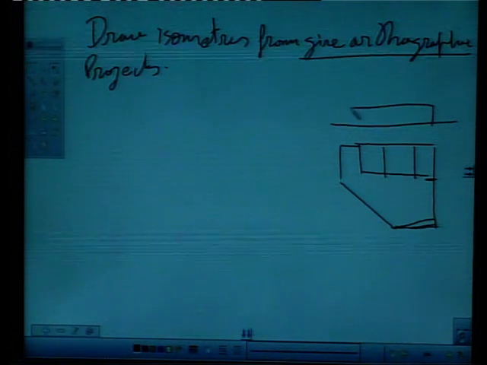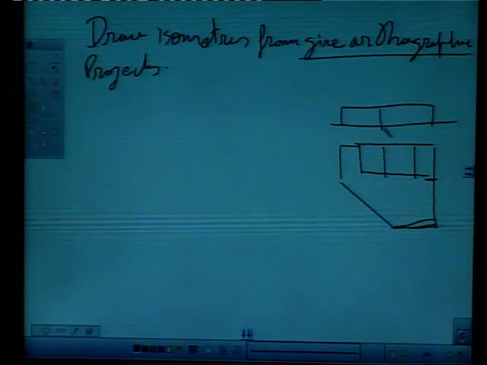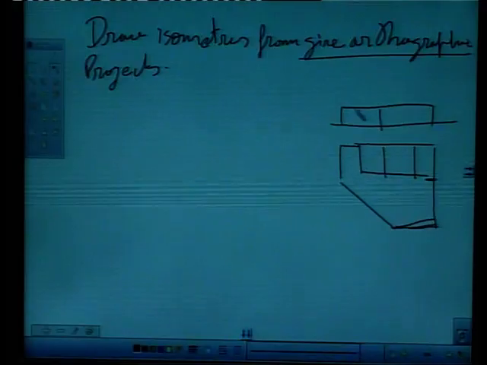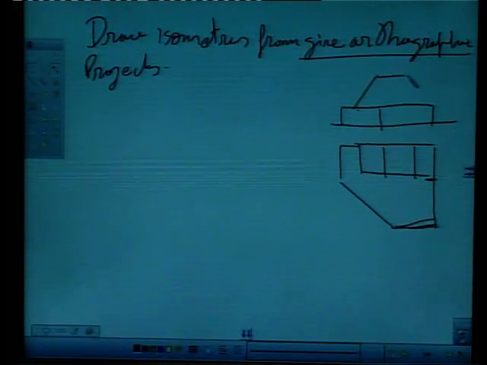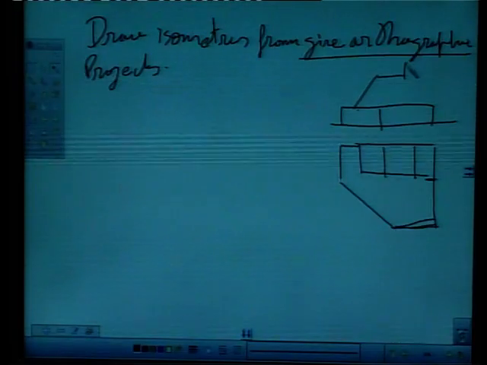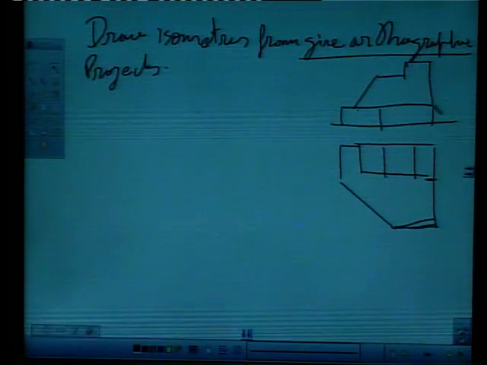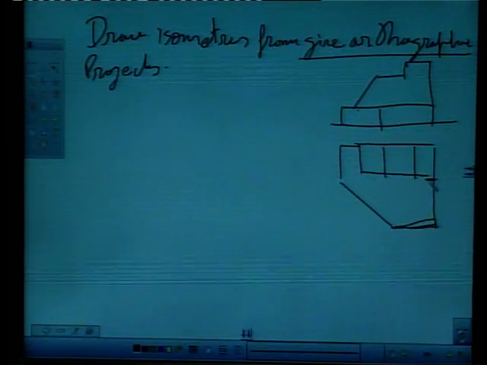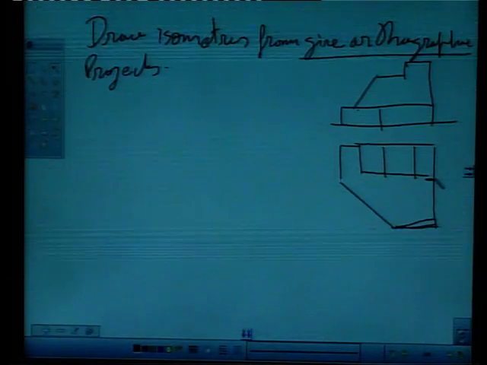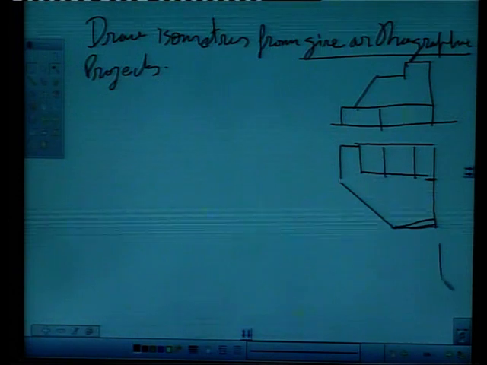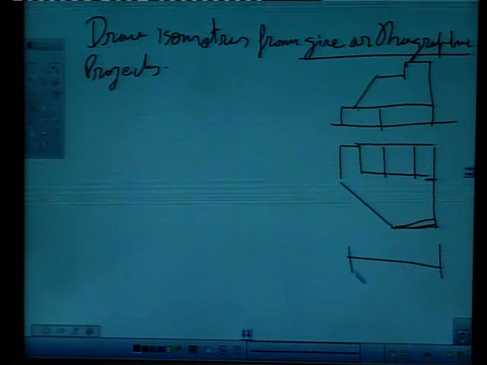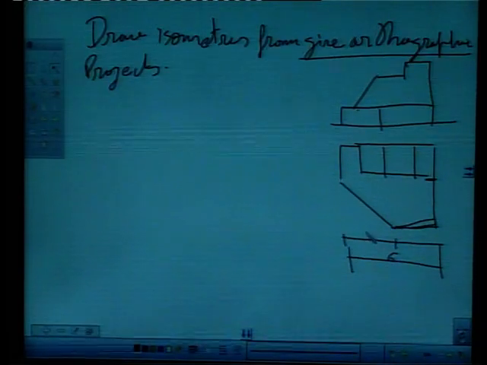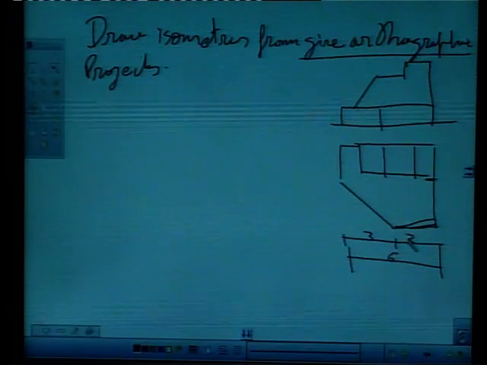And in elevation, say our object is something like this. This is not very accurately drawn. Say this dimension here is total 6 and this point is 3 and 3. All dimensions are in centimeters, say.